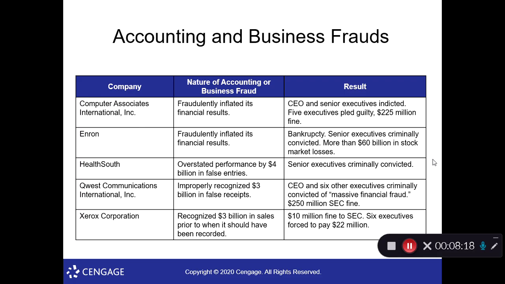A big one that is often referenced both in textbooks and in the quote-unquote real world is Enron. They were fraudulently inflating their financial results and ultimately had more than $60 billion in stock market losses. And there are a lot of really interesting documentaries about Enron. Actually, the one I watched, a few years ago, was on Netflix. It's just very interesting how they did everything.